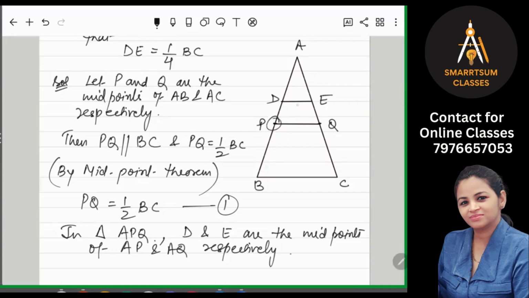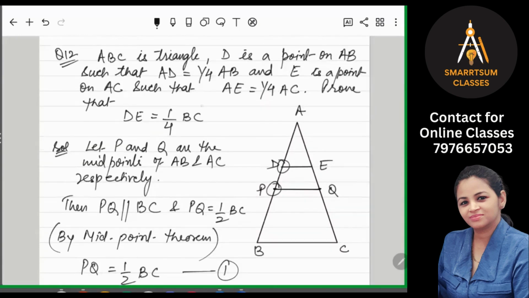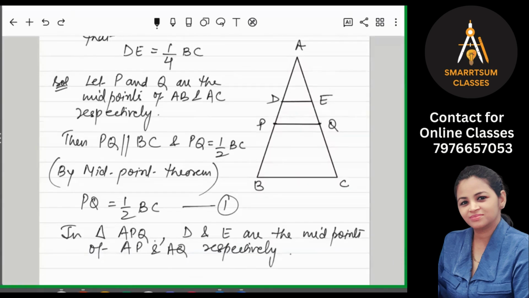Because P is the midpoint of AB, and D will be the midpoint of AP because AD is equal to 1/4 of AB. Similarly, Q is the midpoint of AC and AE is given in the question to be 1/4 of AC. That means E will be the midpoint of AQ. So by this, we have written that D and E are the midpoints of AP and AQ respectively.